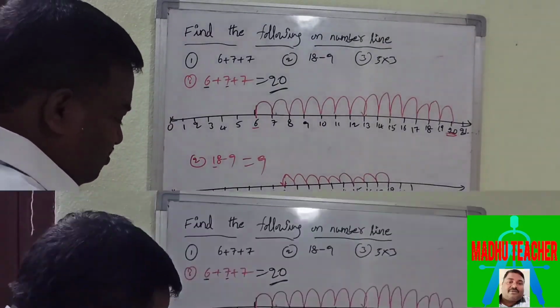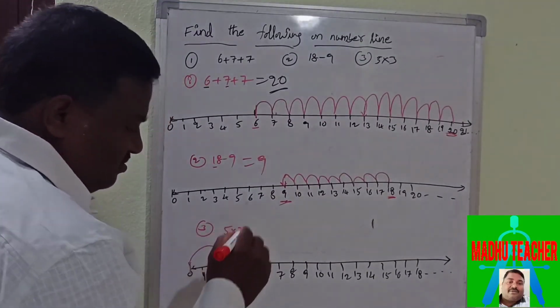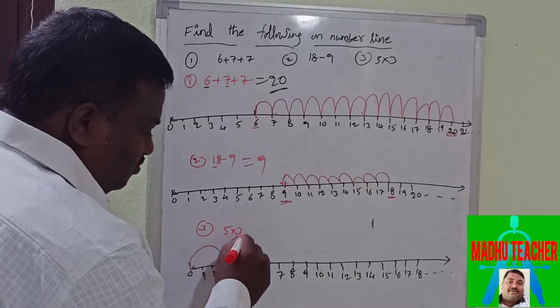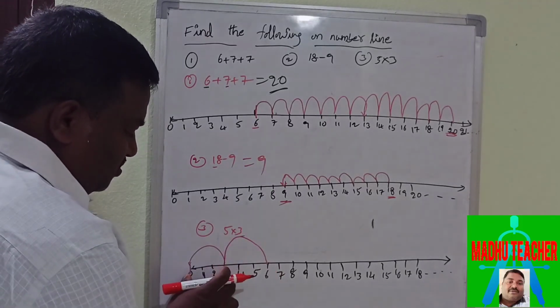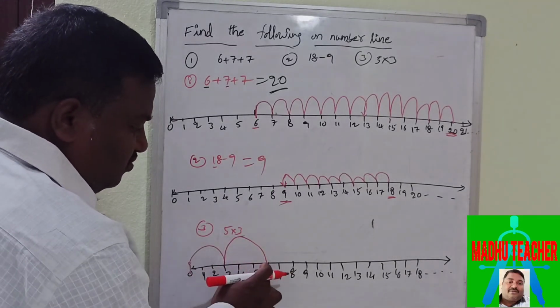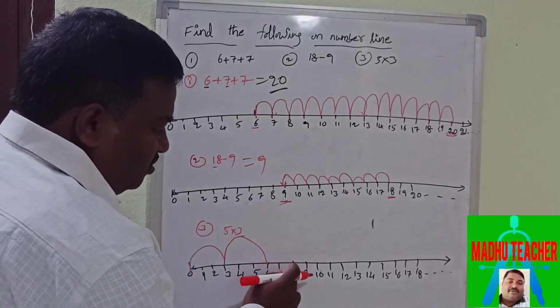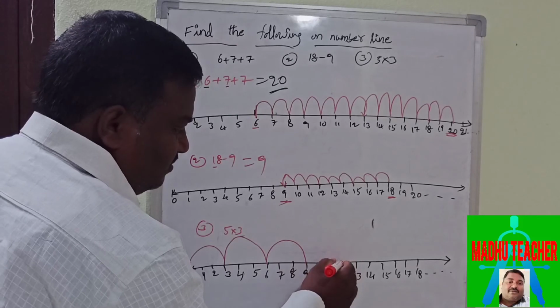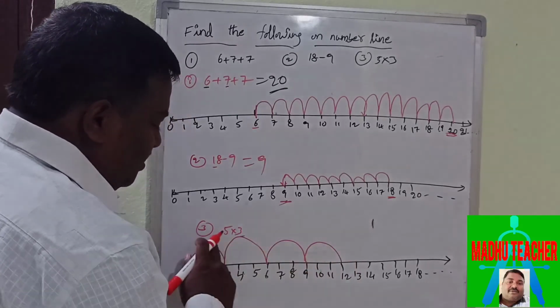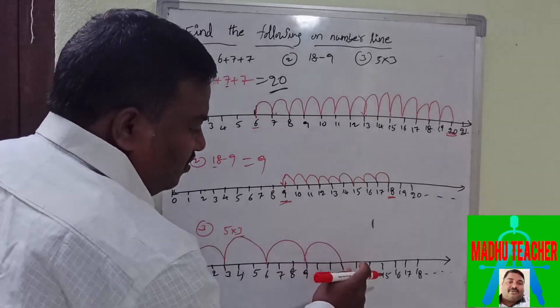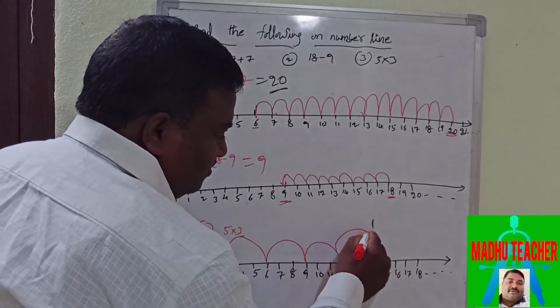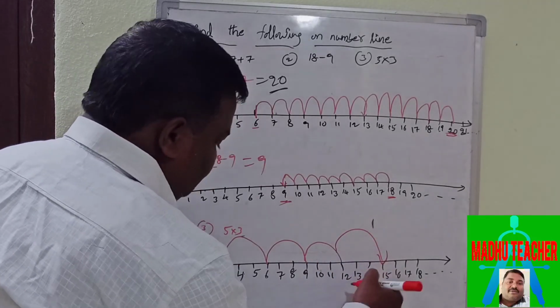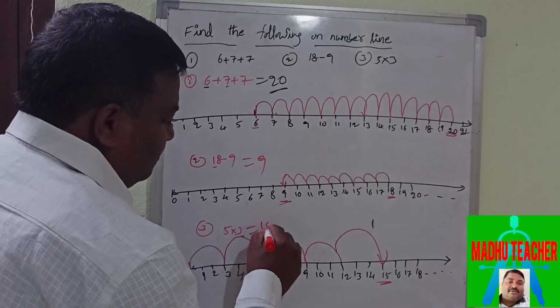Start at 0. 1, 2, each time 3 units. 3, again 1, 2, 3. Again 3, 1, 2, 3. Again 1, 2, 3. How many? 1, 2, 3, 4. One more. We reached 15. Therefore 5 3s are 15.